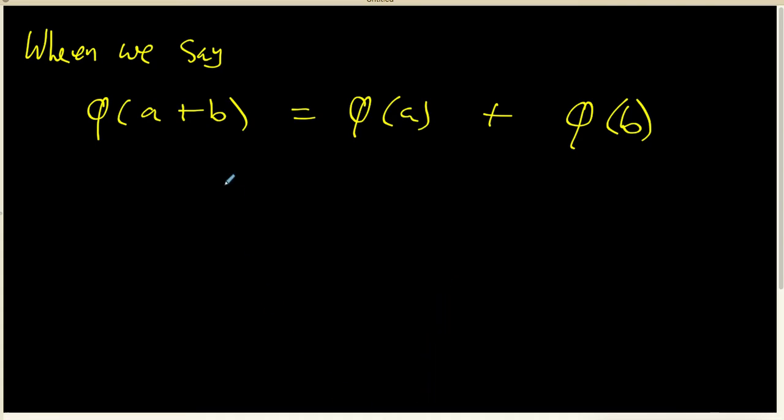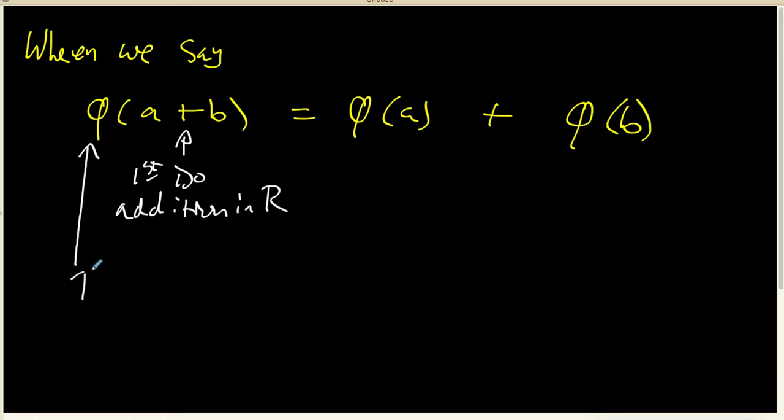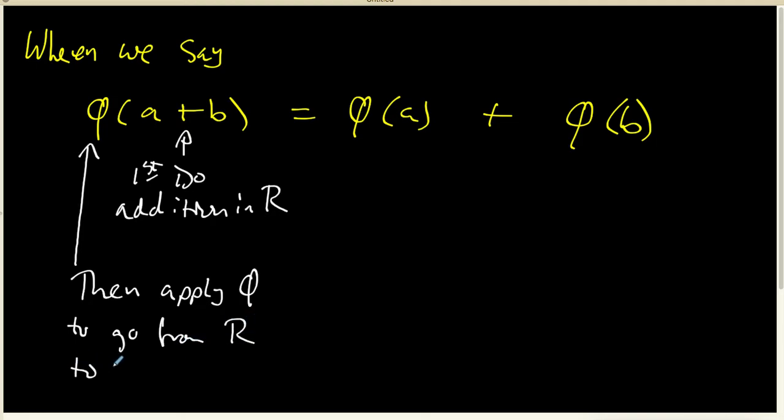The first thing is that this plus sign is saying first do the addition in ring R, and then we're going to apply phi to go from ring R to ring S. So this element is an element of S. So that guy is in S.